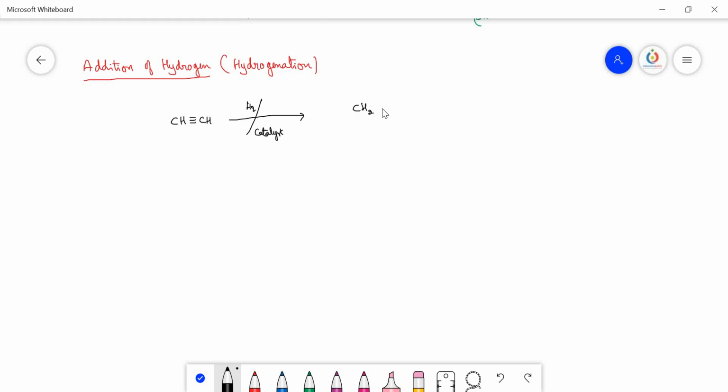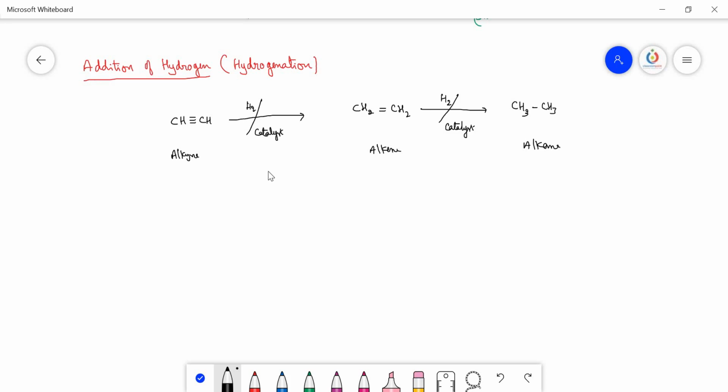So it becomes CH2 double bond CH2, an alkene. This on reaction with 1 more mole of hydrogen in the presence of the catalyst will finally be completely converted to the saturated molecule. So initially alkyne on reduction gives alkene. I am writing the general names, not the IUPAC names. And finally it gives the saturated hydrocarbon, that is alkane.